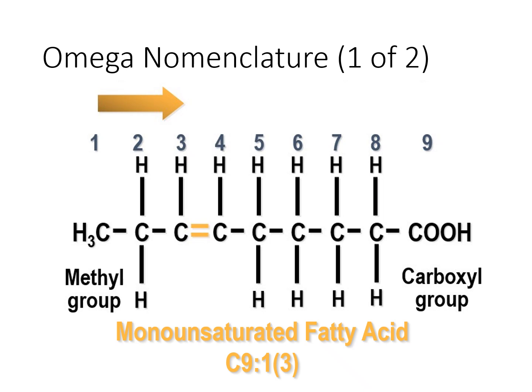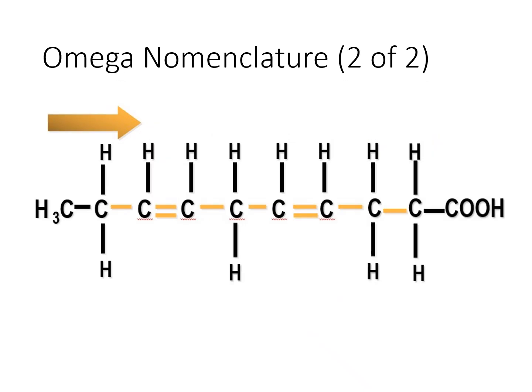We're using the colon there to differentiate that there is one double bond, and then in parentheses, we're telling folks where to find that double bond. So we could say this is an omega-3 fatty acid, C9 colon 1 parentheses 3 tells us a lot about that molecule.